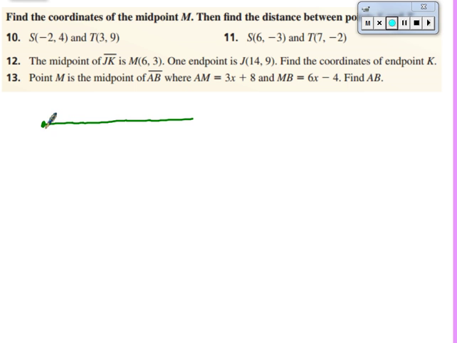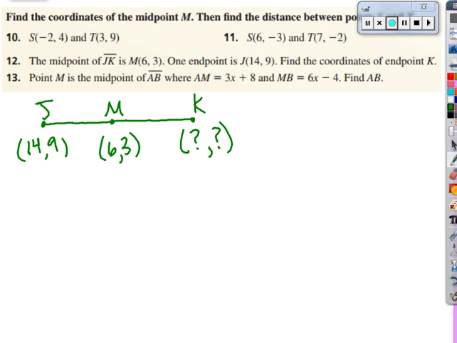So maybe this is J, this is K, and M is the middle. So I have the point 6,3 here, and the endpoint J is at 14,9. The question is, what are the coordinates of K? This is what I'm trying to find.